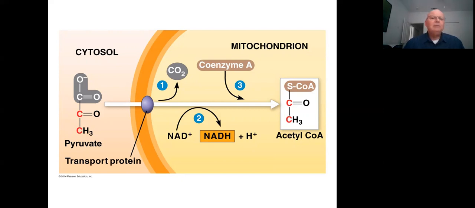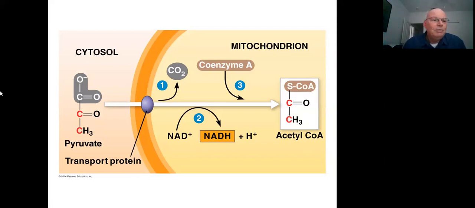One of the easiest ways to keep track of what's going on here in cell respiration is to keep track of the number of carbons that are involved. So we started out with glucose having 6 carbons. We've cut that in half, and we've now got pyruvate, which is a 3-carbon molecule, and we've got 2 of those. So that accounts for the 6 carbons from glucose in the 2 pyruvates. Even though we're only showing one of the pyruvates here, there are 2 pyruvates.